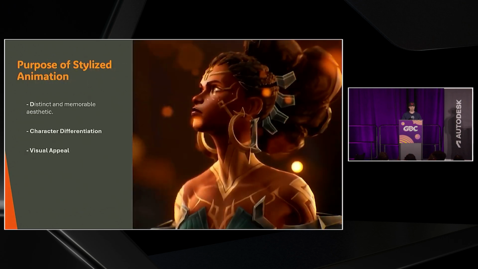On League of Legends, we use stylized animation. We don't use any motion capture or any other type of AI capture or motion capture cleanup. We don't use any of this. Everything is hand-keyed stylized animation. This is a choice made by Riot because we want to make distinct and memorable aesthetics for the champs and character differentiation, so we can have different proportions, some more cartoony, some more realistic, heavier, lighter, etc. It's also for the visual appeal of the game.